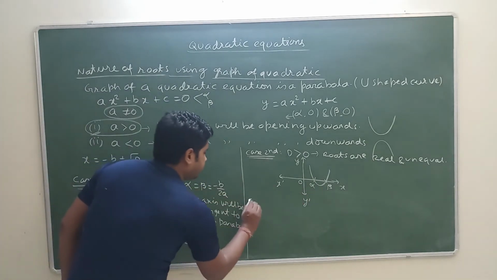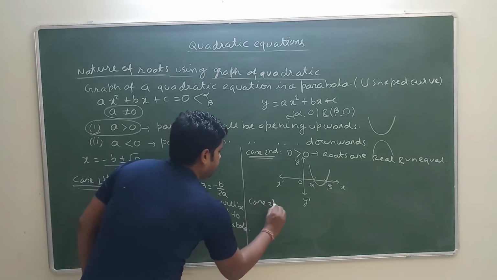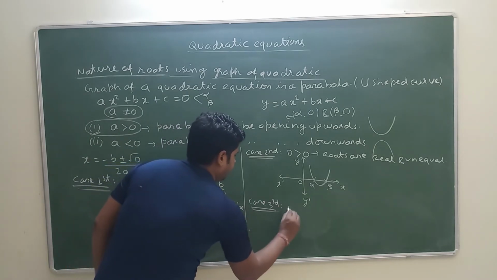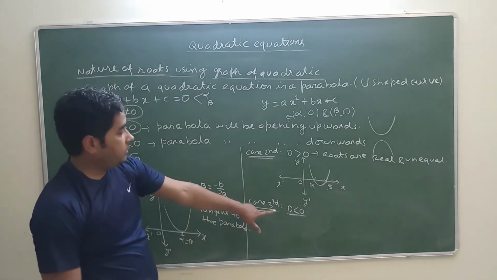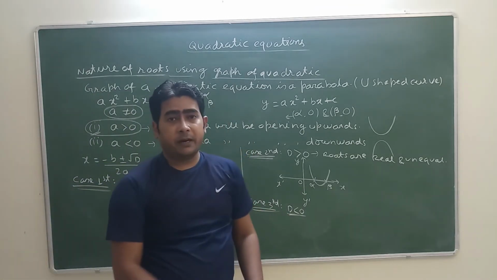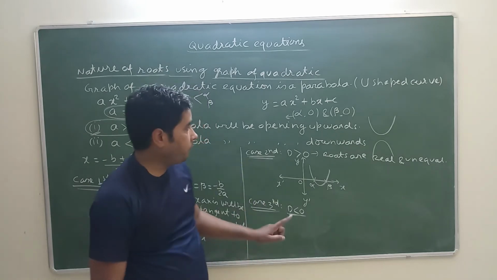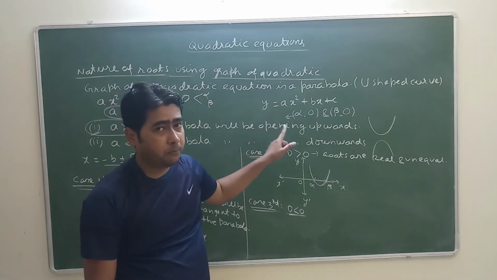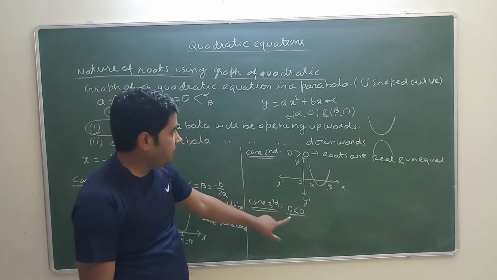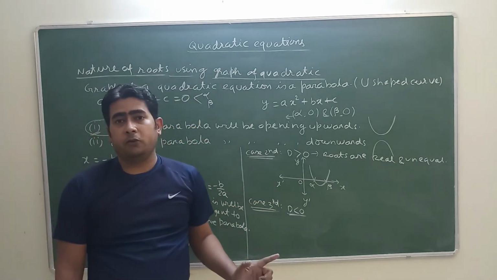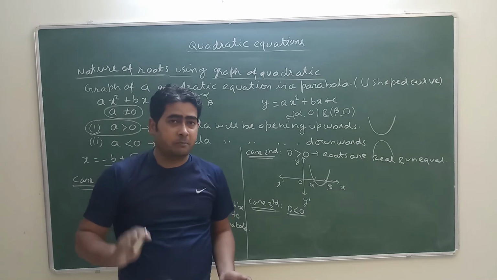And third case, when the discriminant is less than 0. This is the situation in which we will not be getting any real value of x for which y is becoming 0.